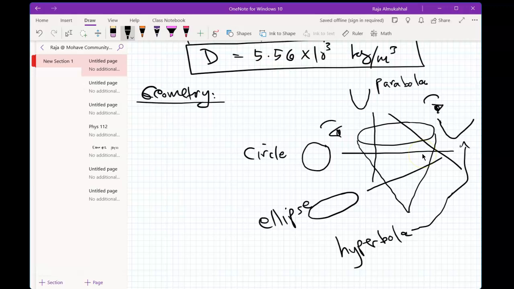So it turned out that, believe it or not, for all objects in the heavens as they circle around other objects, the path or trajectory that they follow is one of those shapes. Can you believe it? In other words, the moon around the Earth takes an almost circular or elliptical shape.